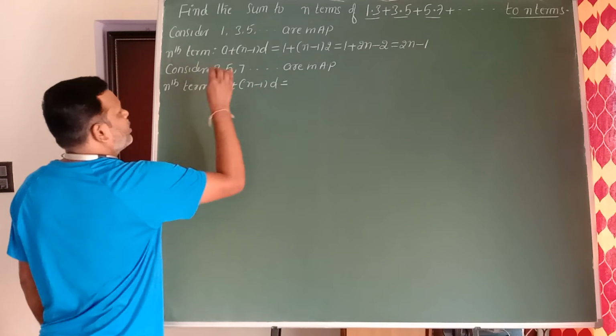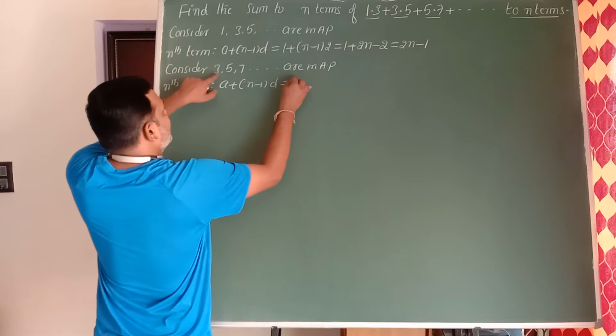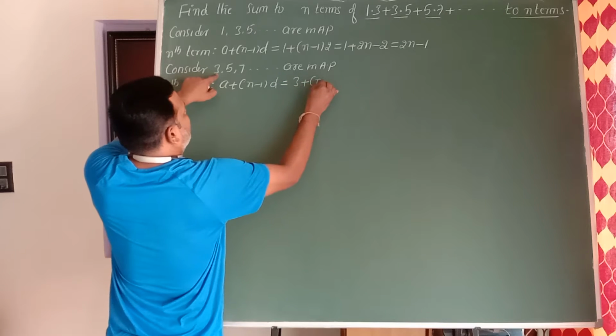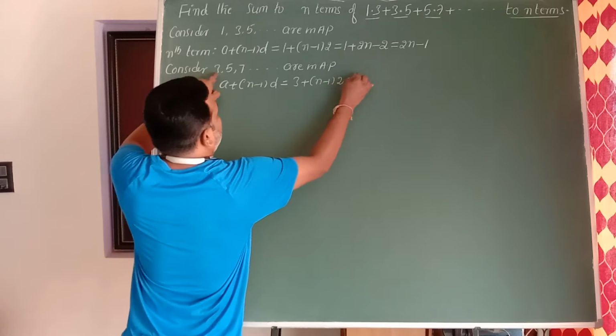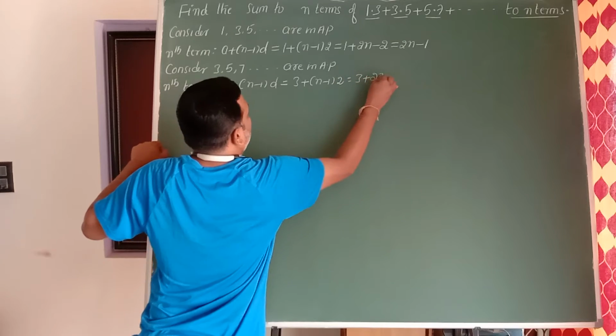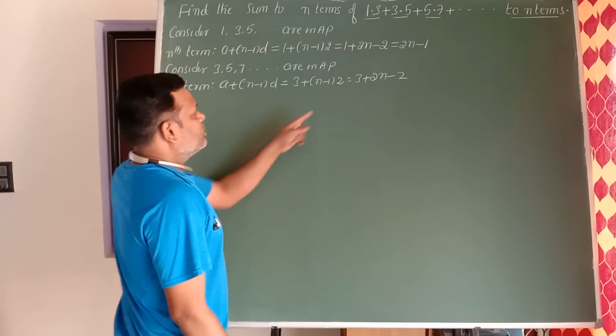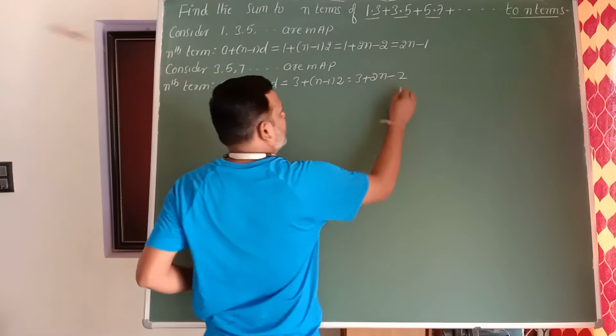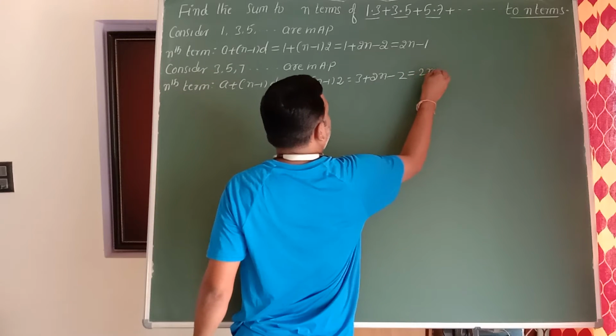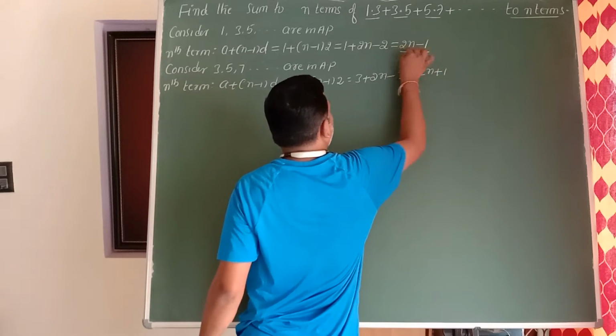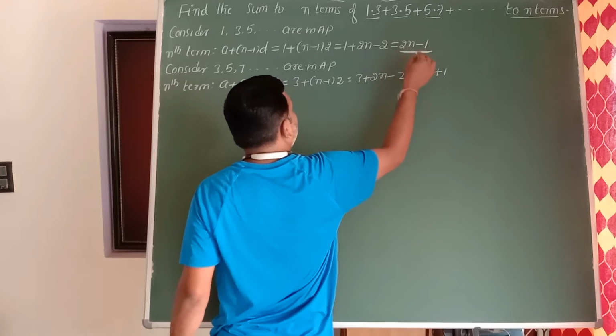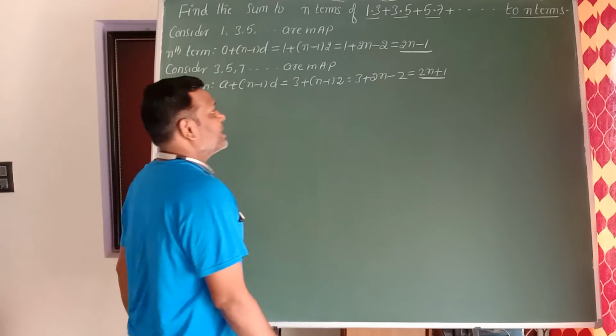Got my point? What is a? a is 3 plus n minus 1 into d, d is 2. Simplify that: 3 plus 2n minus 2. So 3 minus 2 is plus 1. Therefore the remaining thing is 2n plus 1. Therefore this is the nth term of the second sequence.